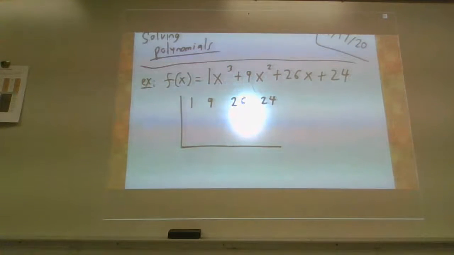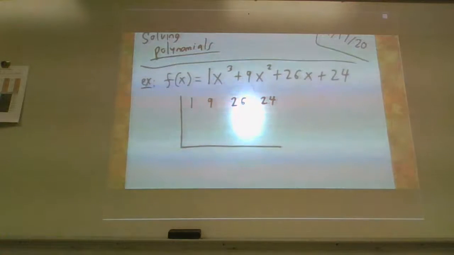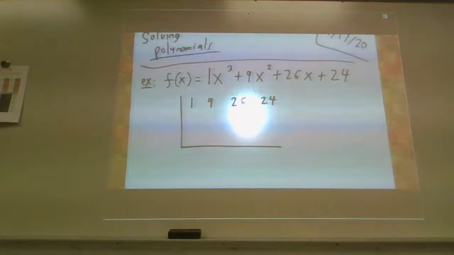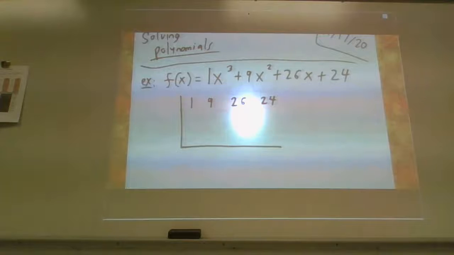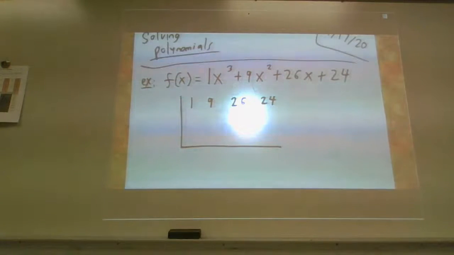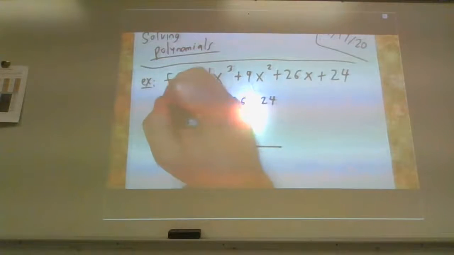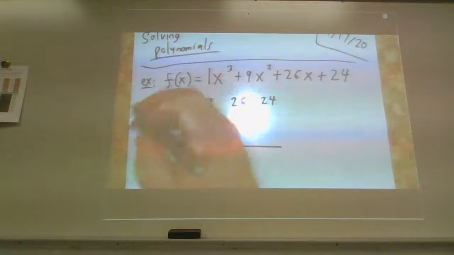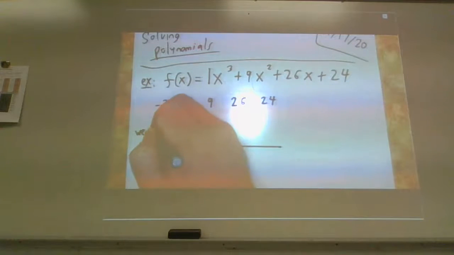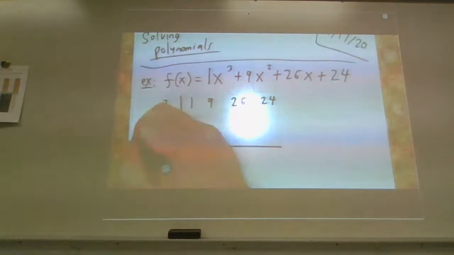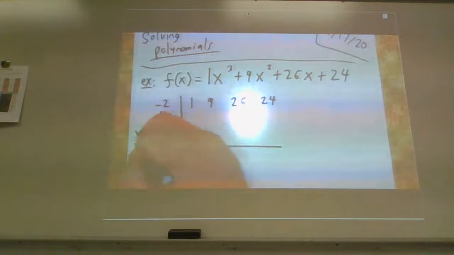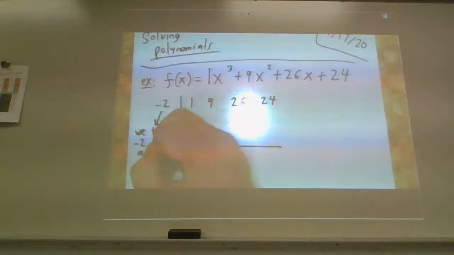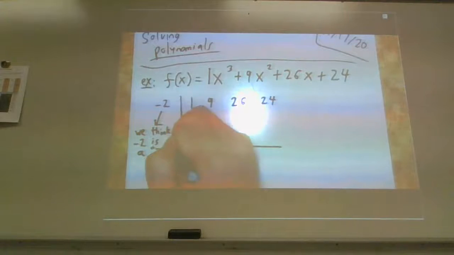And the number that goes on the outside is what number we are guessing to see if it works. Now, you said -2. Let's just guess -2. We think -2 is a, quote, 0, end quote.